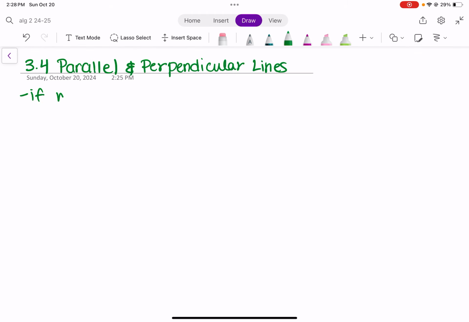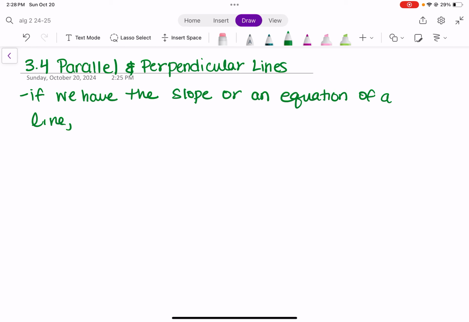If we have the slope or an equation of a line, we can find a line that is parallel or perpendicular.